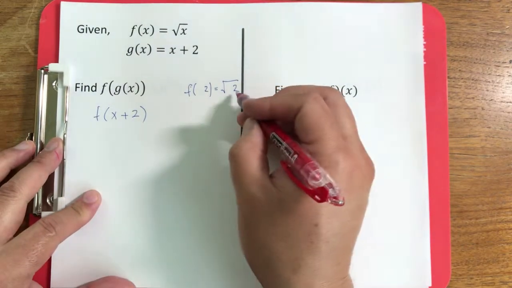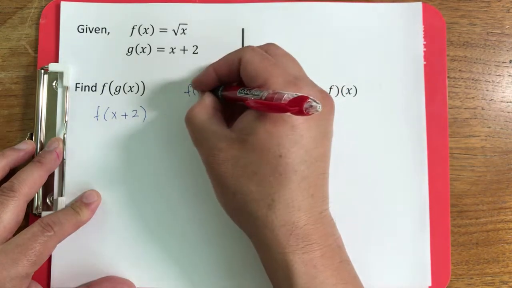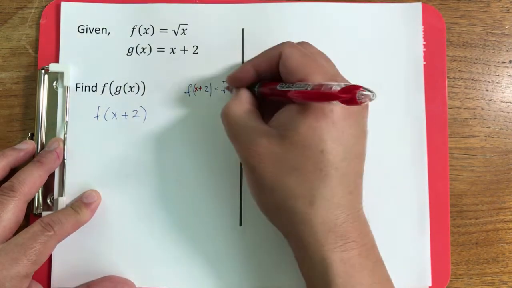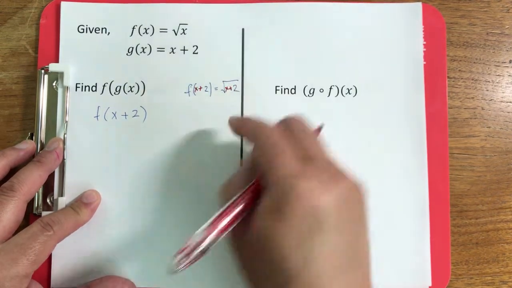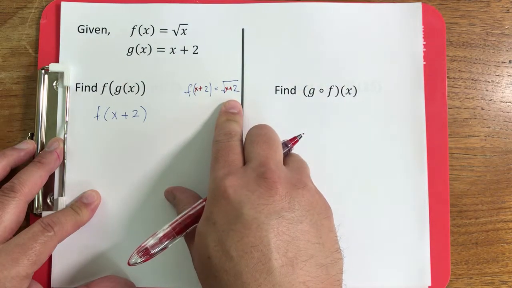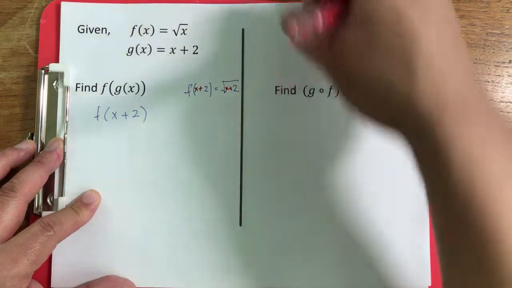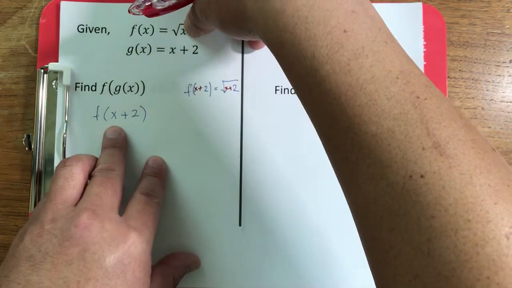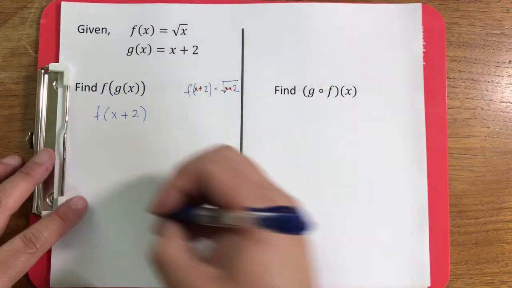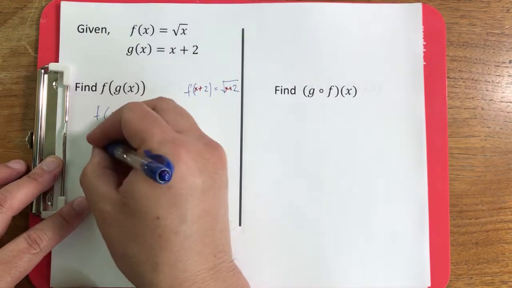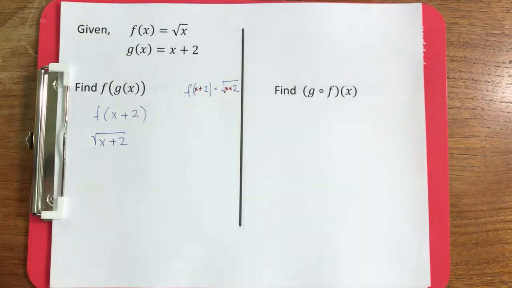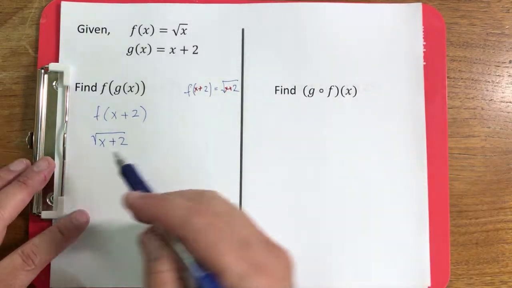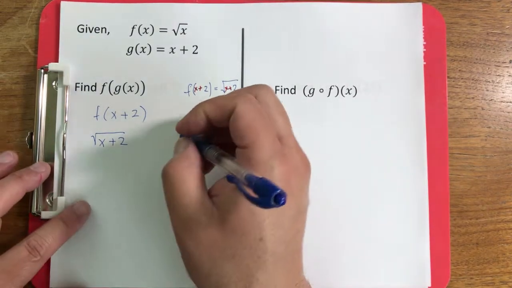So if this is equal to this, then if I put an x plus 2 over here, then that should be the exact same thing over here, right? All we're doing is replacing this x for what its parameter is. So this will turn into the square root of x plus 2, and then we're done.